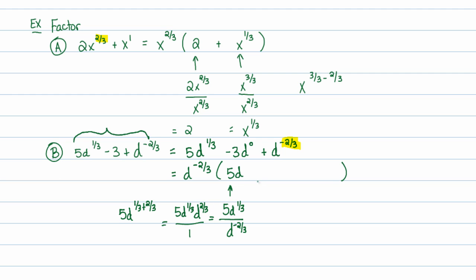The next one, minus, I had 3d to the 0th, or basically 3. And I'm dividing out d to the negative 2/3. Again, rip the negative off that exponent and pop d to the 2/3 upstairs. So this will become 3d to the 0th plus 2/3, or in other words, 3d to the 2/3.